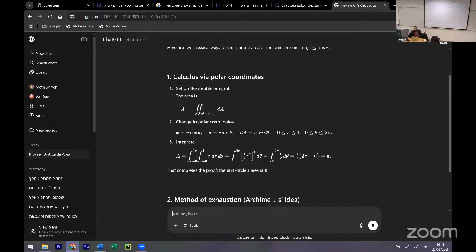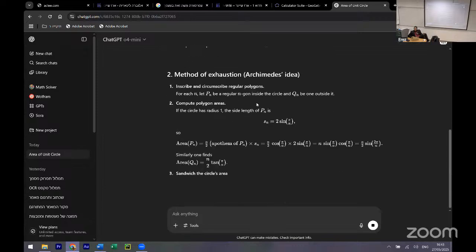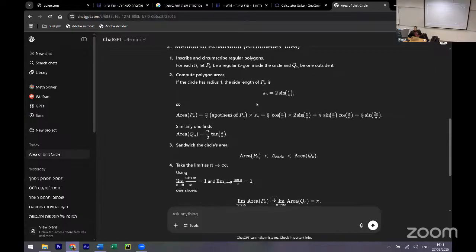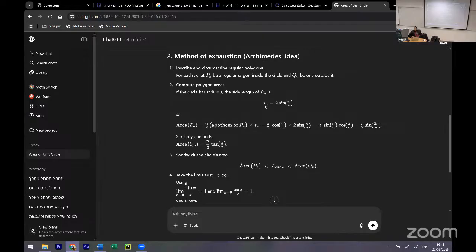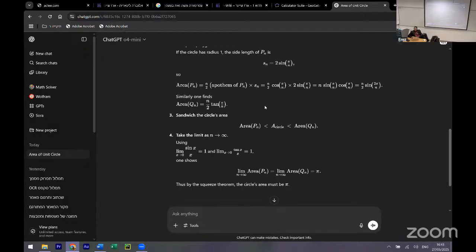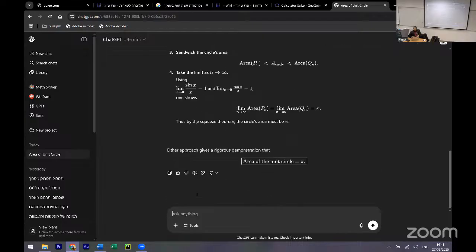So it used the polar coordinates, Archimedes' idea. That's what Euclid does. Both proofs use the fact that sine of x over x goes to 1.